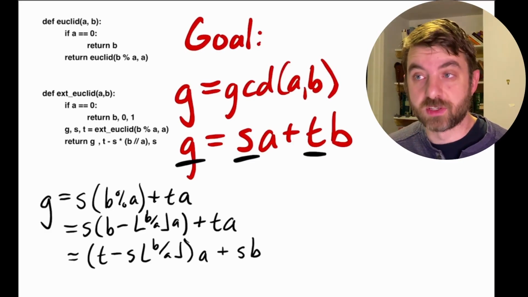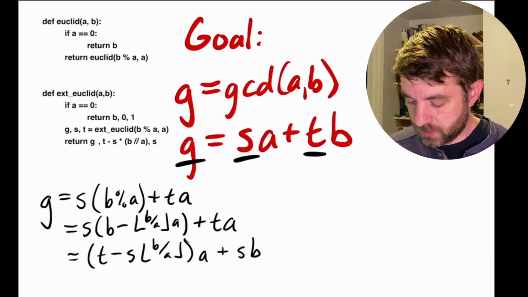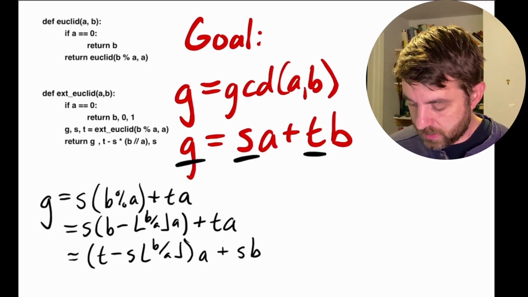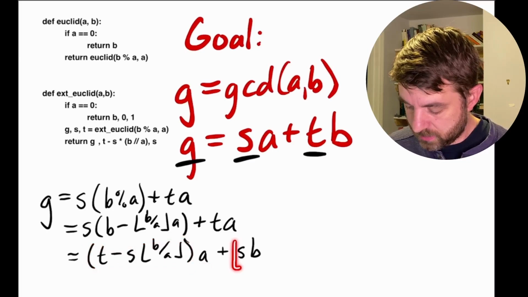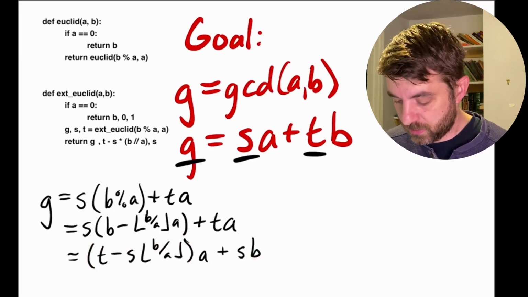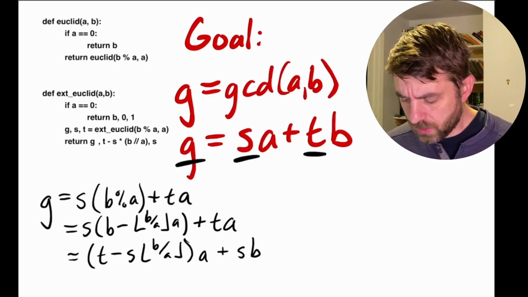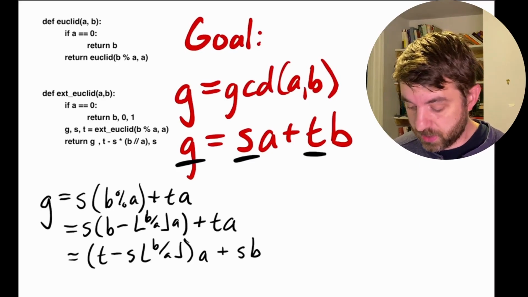Okay, so this is just me doing basic arithmetic and algebra to rearrange these terms, and what I see is something times A plus something times B. Okay, so as long as we believe this is correct, now we have everything we need. We can actually just return these two values.